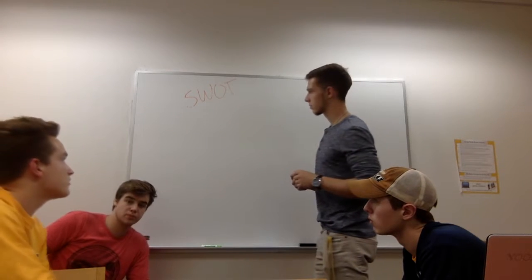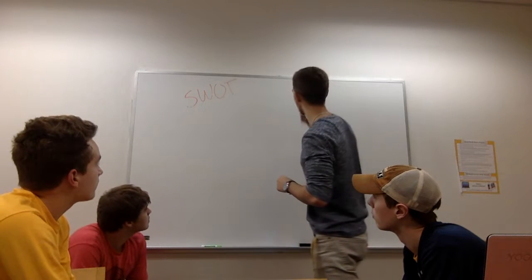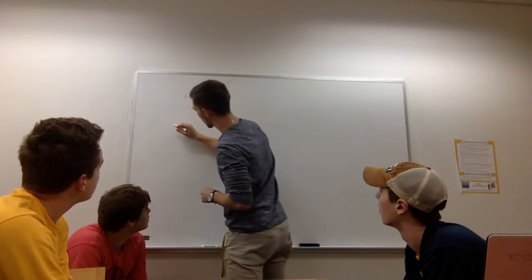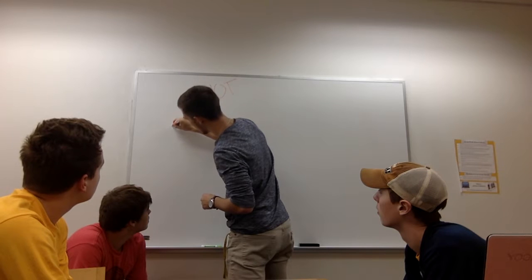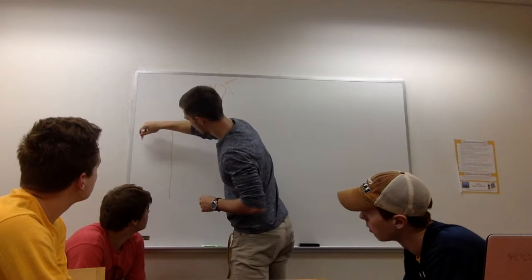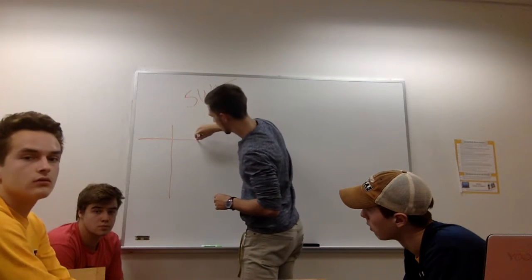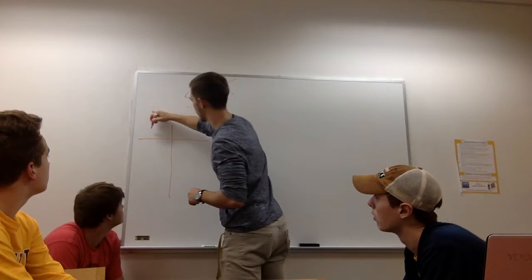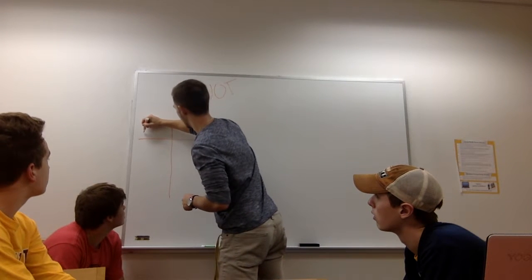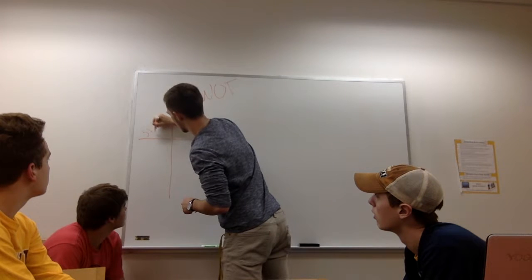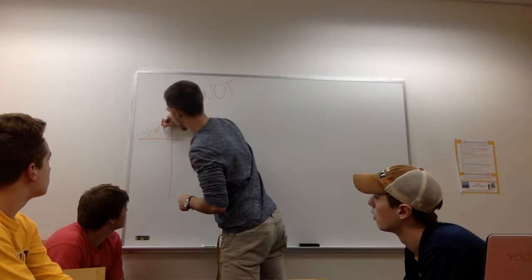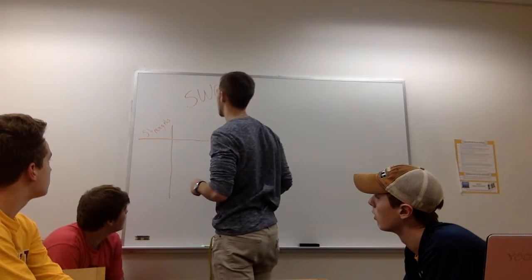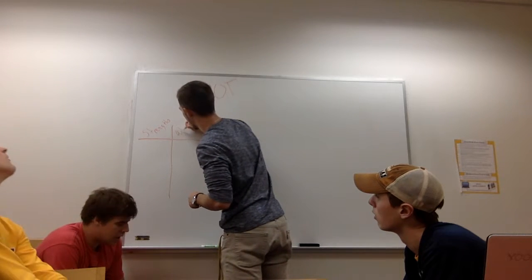So maybe if you want to make like two T charts, like half SW, one OT. You know what I mean? So, this one. What do you want here? Strengths and weaknesses. And that is internal.